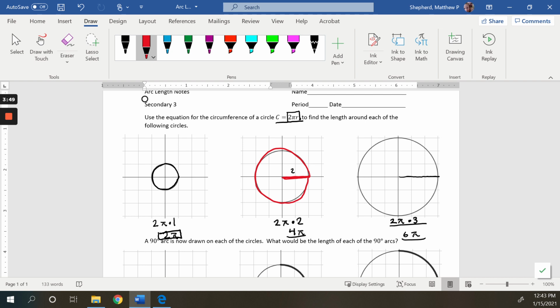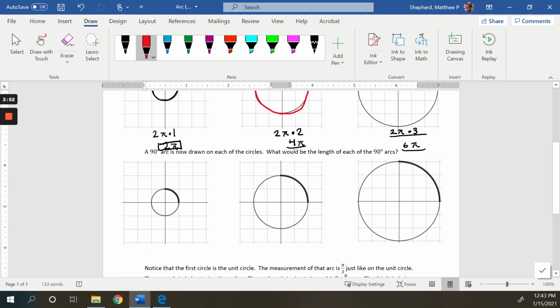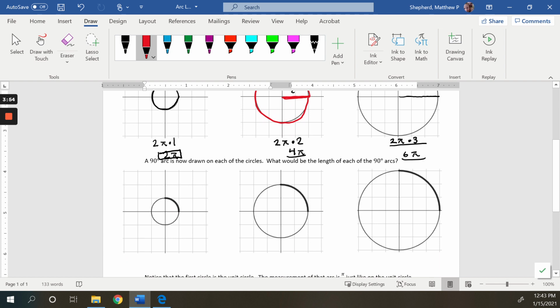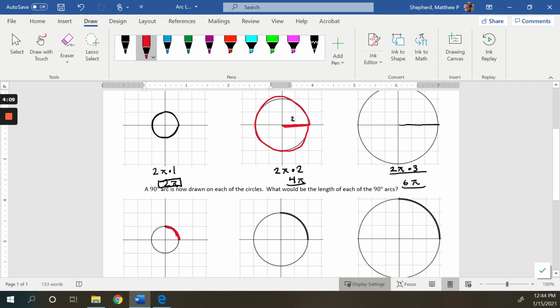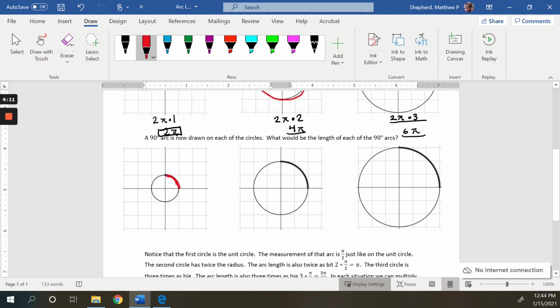All right, so now let's look at an actual arc length. You'll notice we have the same circles here, but now we only care about a certain portion of it. Now this was chopped up nicely so that we can see we only want 1/4 of what the original circle did. So if I calculate that out, the unit circle had 2 pi, so 1/4 of 2 pi is pi halves.